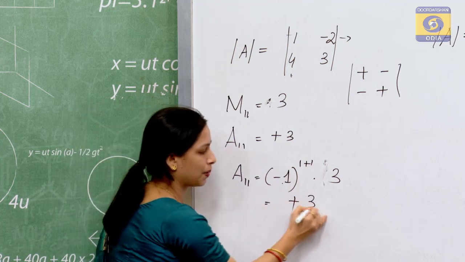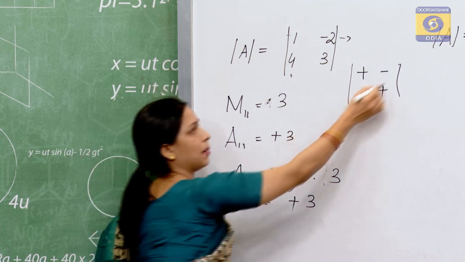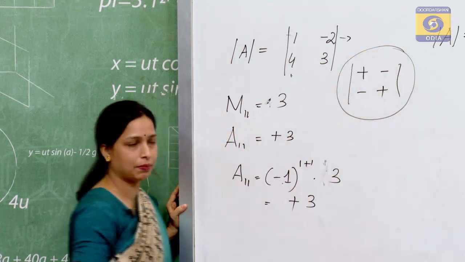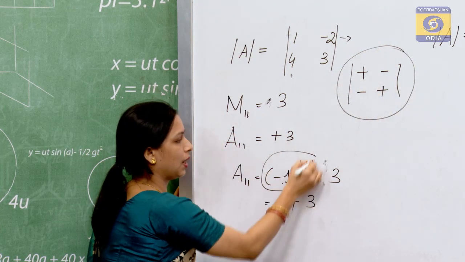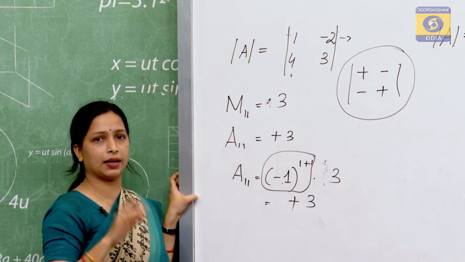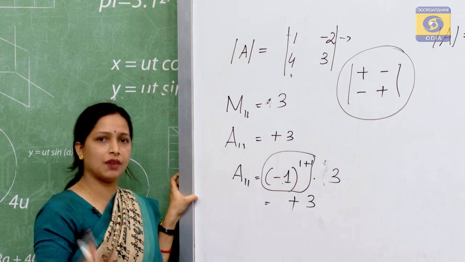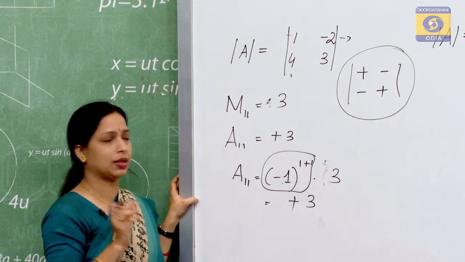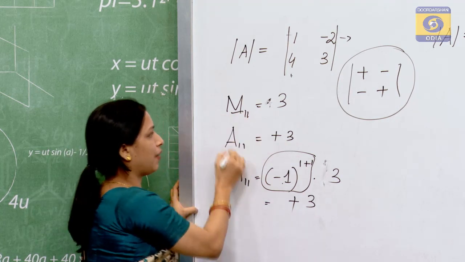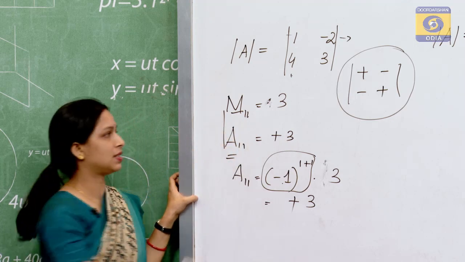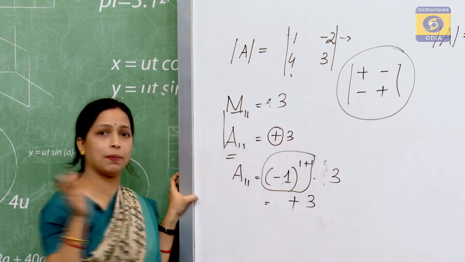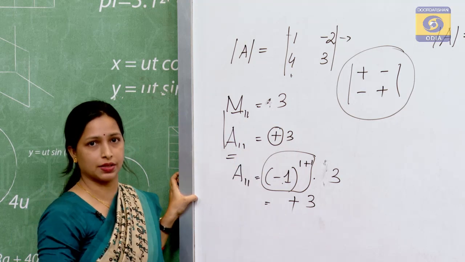So, plus 3. So, whether we remember this diagram, or we remember this formula, or we remember that if the sum is an even number the position sign is plus, whichever we remember, we must know that the difference between minor and cofactor is just the sign. It may be the same, it may change to minus, right.